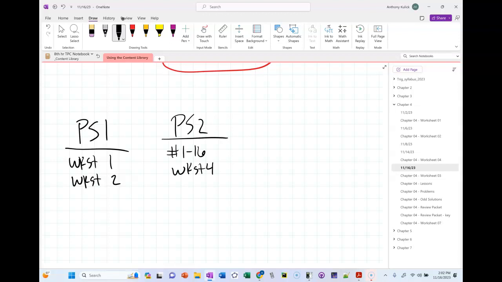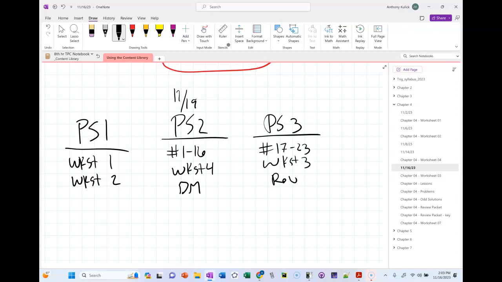We have worksheet 4 and the Delta Math. That stuff is due this Sunday. And then problem set 3, which is going to include 17 to 23, worksheet 3 and the review, that'll be due the following Sunday.